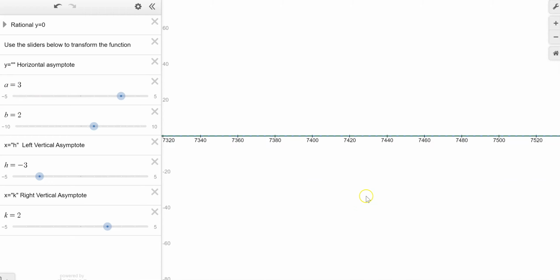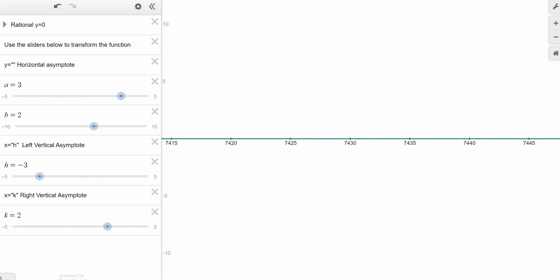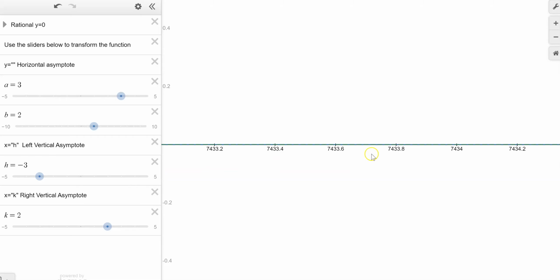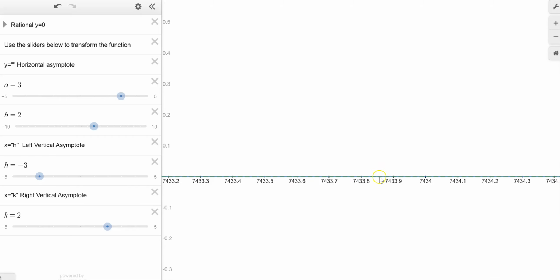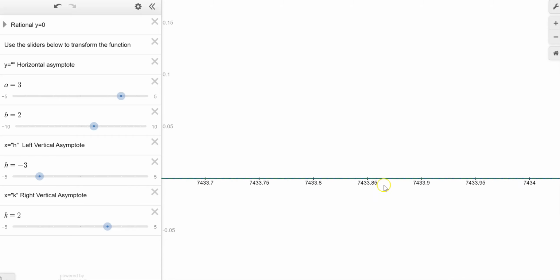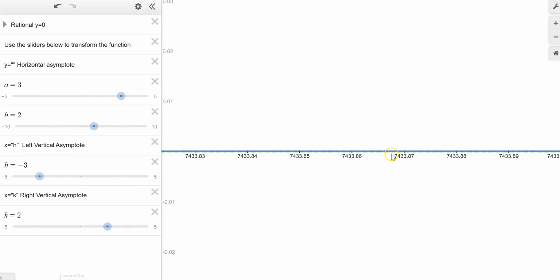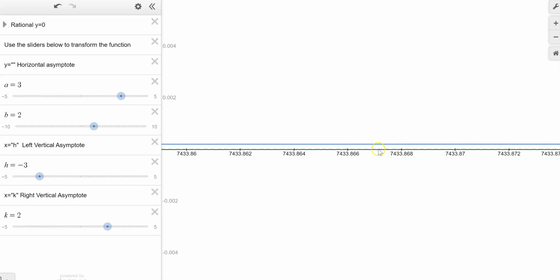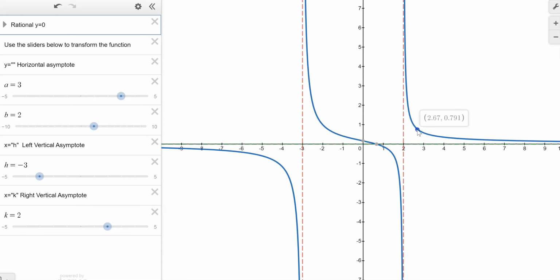So now if you scroll in, it's like a microscope. See, we're zooming in now here. So you can see there's still a gap. So even though it looks extremely close, it's approaching 0. You can even see, look how small that is. See, it's super small.